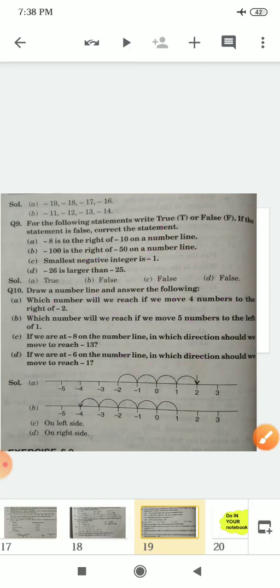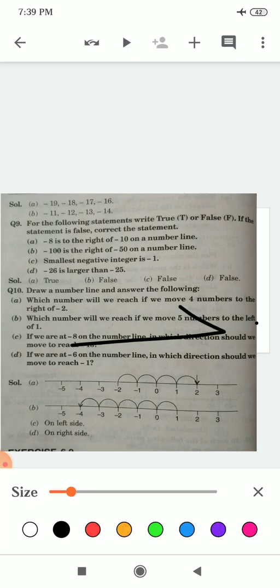Now we have question number 10. Draw a number line and answer the following. First question, which number will we reach if we move 4 numbers to the right of minus 2?